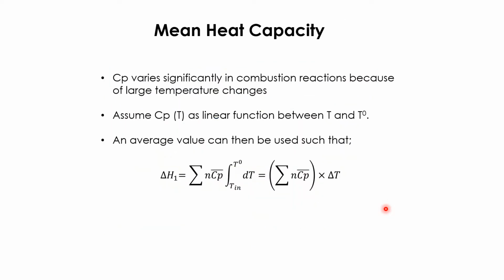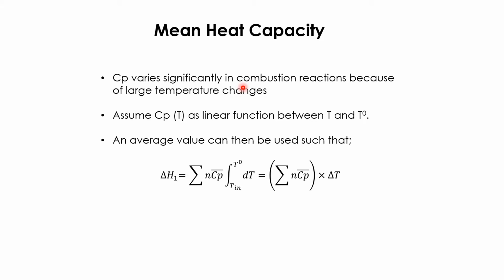So how do we calculate delta H1 and delta H3, where we involve Cp? First of all, heat capacity varies significantly as a function of temperature.